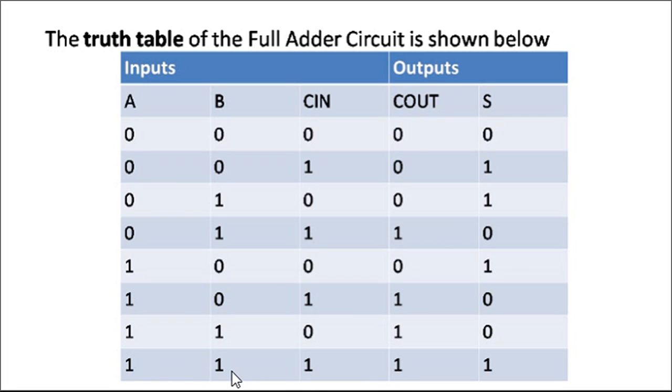You can mark carry 1 first, and the sum is 0. That sum 0 plus 1 is 1, so both are 1. Like this, we can construct the table and find the sum with respect to the carry out.